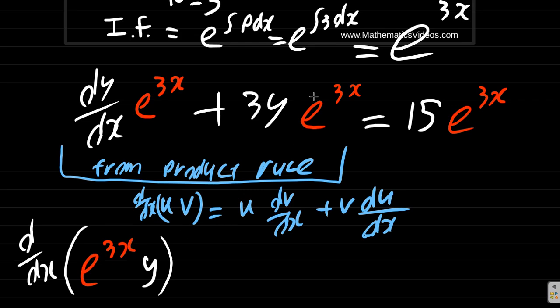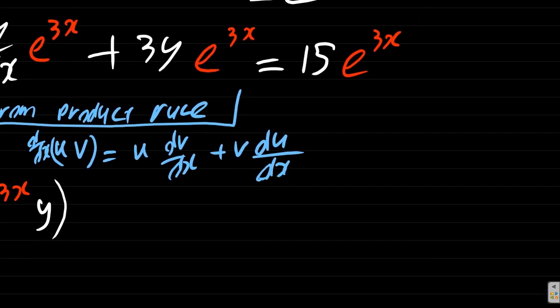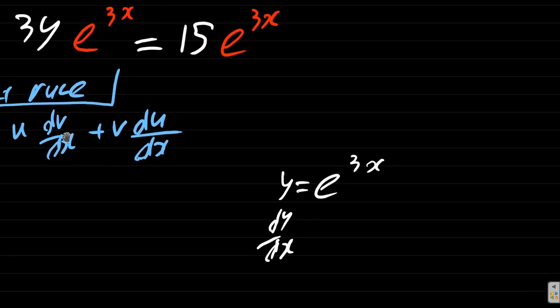Alright? Now remember, when you differentiate e to the 3x, you have 3e to the 3x, using differentiation by substitution. How would that happen? If you say y is equal to e to the 3x, and you're finding dy by dx, what you say here is that you let u be equal to 3x.